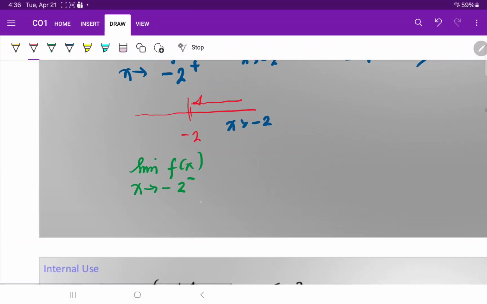So if you come from the left of negative 2, this is the region, right? This one here. So this means that x here is less than negative 2. So in this region, we say that x is less than negative 2. If you come from the left of negative 2, x is less than negative 2.